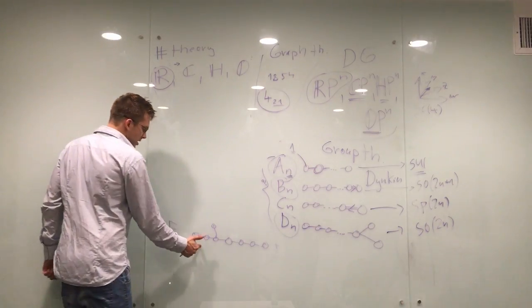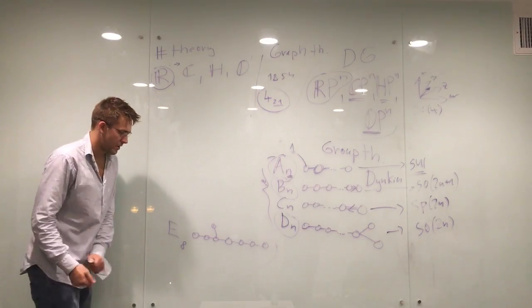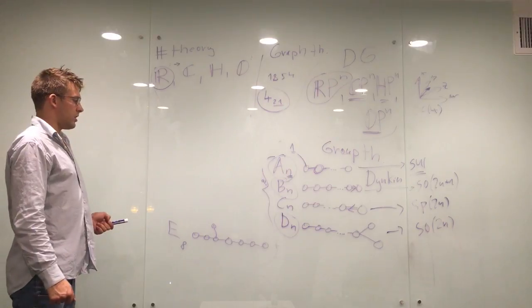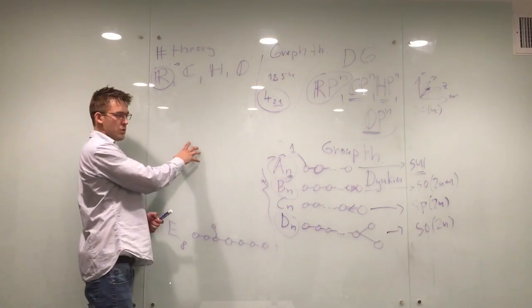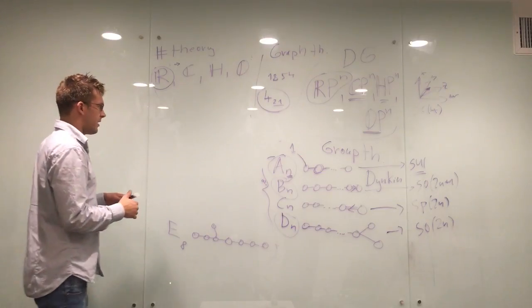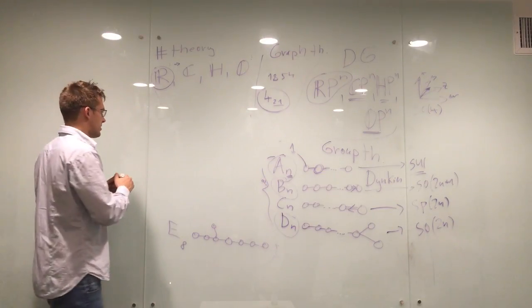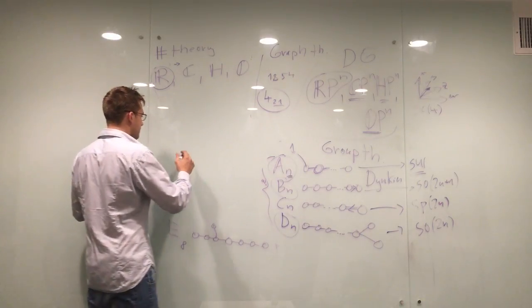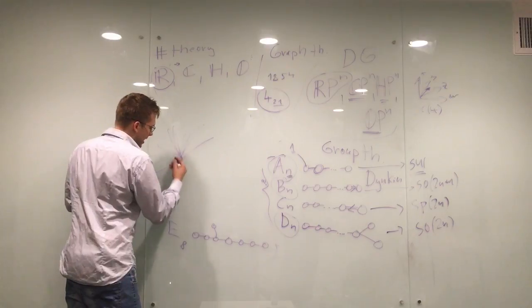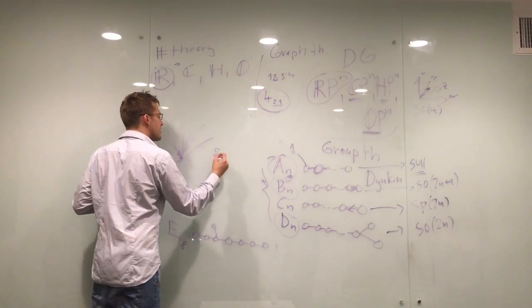Take E8, which is the biggest exceptional algebra. If we were to draw its root system, it would be very complicated. In fact, it would have 240 vertices. So it would be a very complex structure, and it wouldn't just be two-dimensional like this. It would be 8-dimensional, in fact.